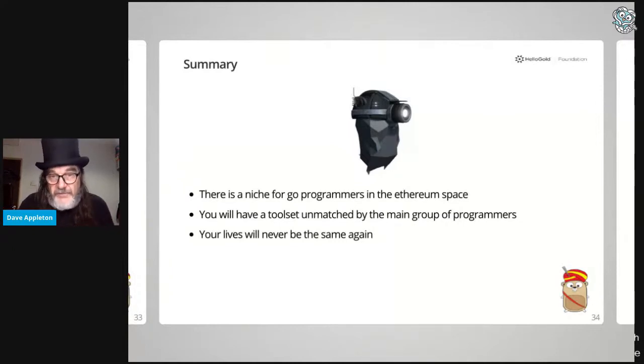And now there are a lot of people writing smart contracts, but there are not so many people writing Go code to interact with the blockchain. So yes, you will have a tool set which is unmatched by the main group of programmers. And you will find it incredibly interesting.